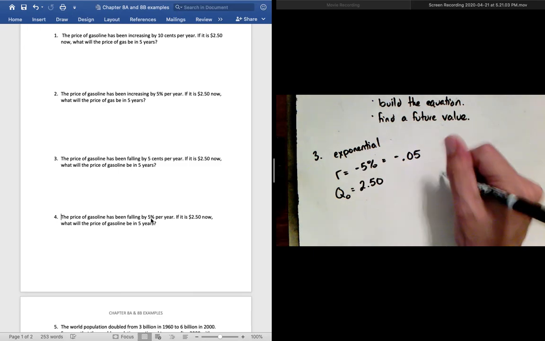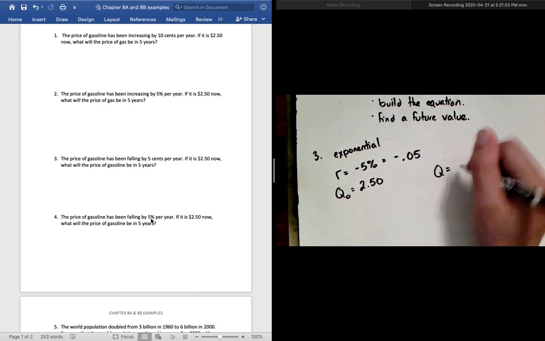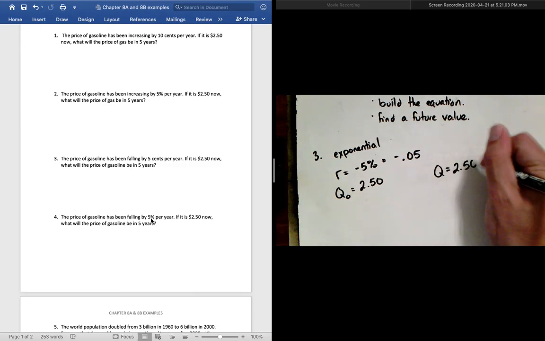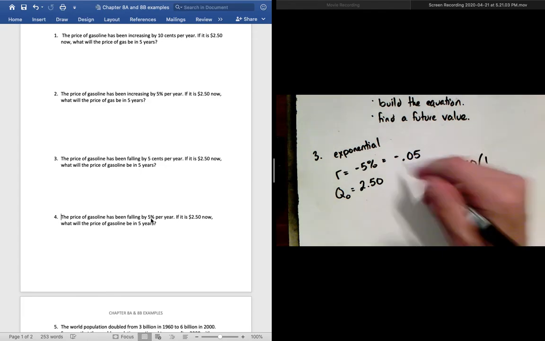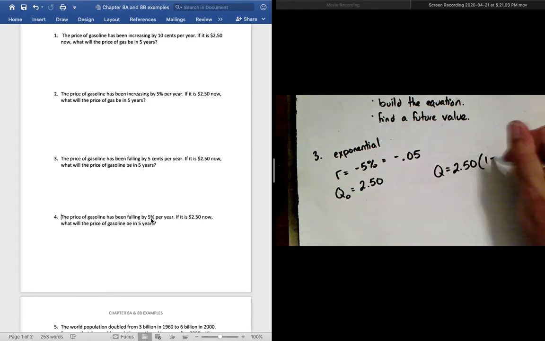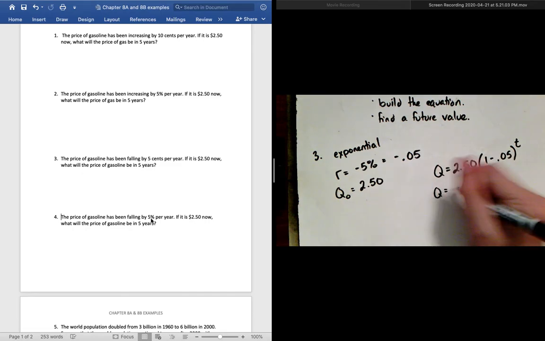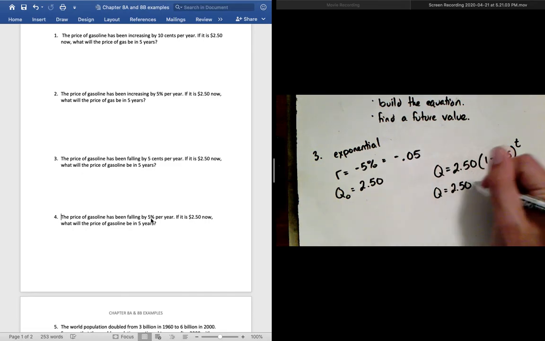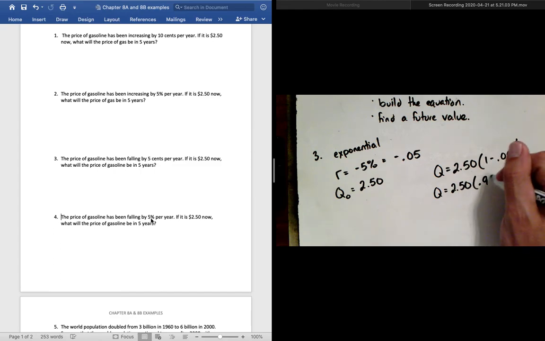And so our equation is going to be Q is equal to 2.50 times 1 plus a negative 0.05, or 1 minus 0.05, raised to power T. We clean that up. We get a nice model that says 2.50 times 0.95 raised to power t. So this is our model.